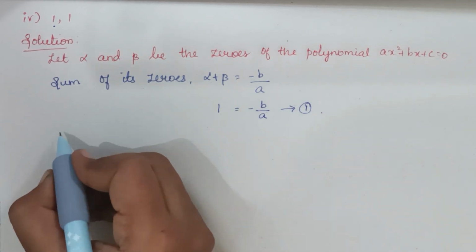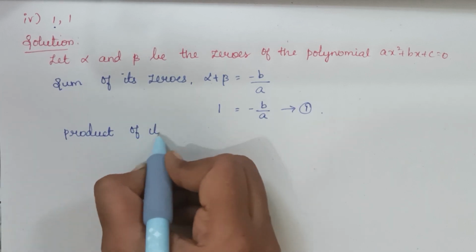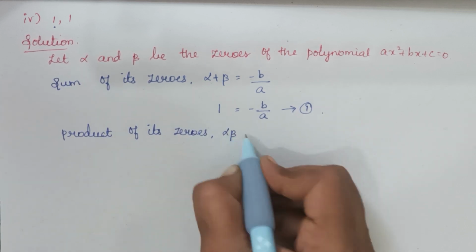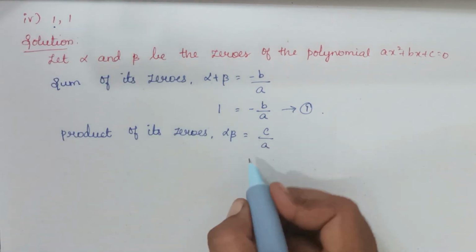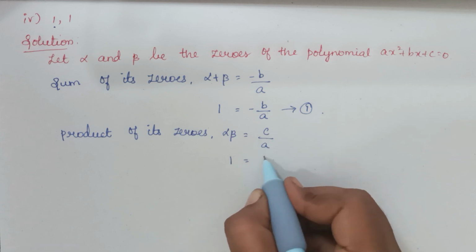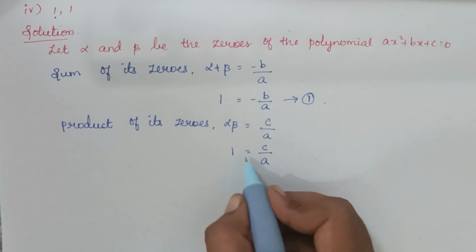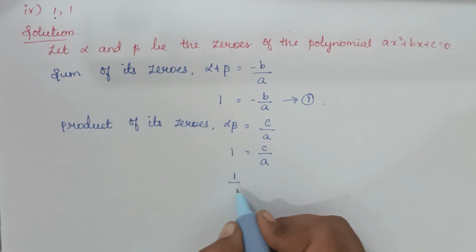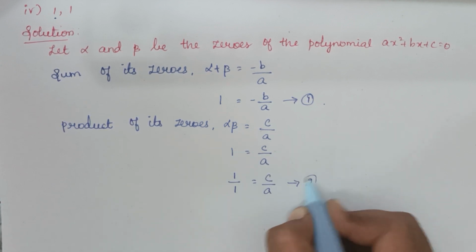Next, product of its zeros, that is alpha into beta is equal to c by a. We know the value of alpha beta is 1, equal to c by a. If nothing is in the denominator, we can mention 1 as a denominator. So 1 by 1 equal to c by a. Consider this equation as number 2.